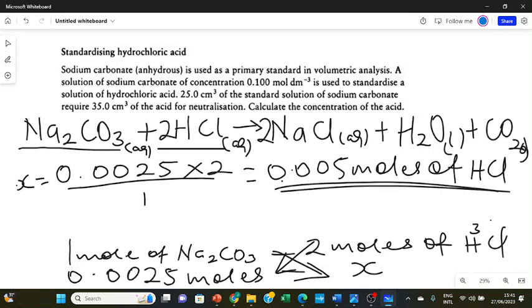Now, we have to calculate the concentration. So remember, number of moles is equal to what? Concentration times volume over what? 1000.